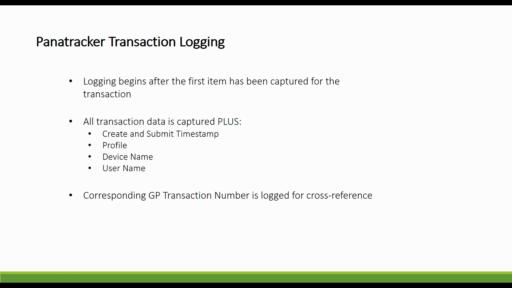If a company has user IDs and logins enabled on their application, we'll capture the username of the individual who submitted that transaction, as well as the corresponding transaction number that we display both on the Panatrack application and within the Panatrack portal, and that can be used to look up that transaction within GP. So if you ever need to reference it further, it's available there.